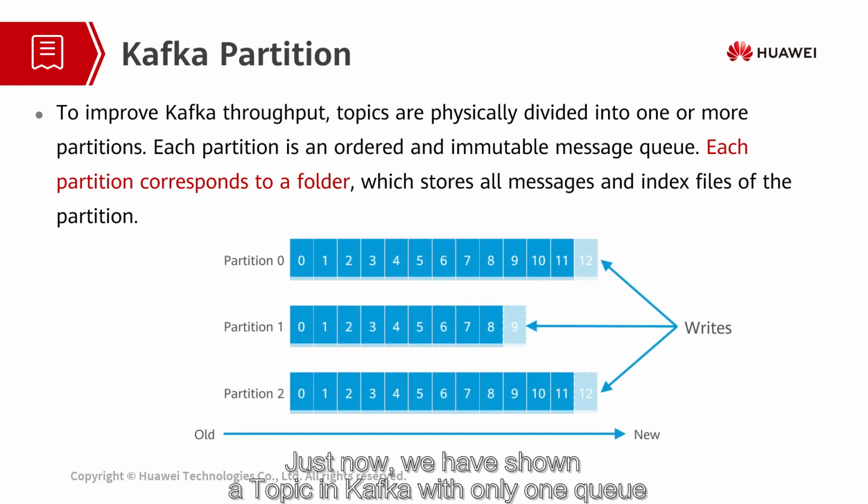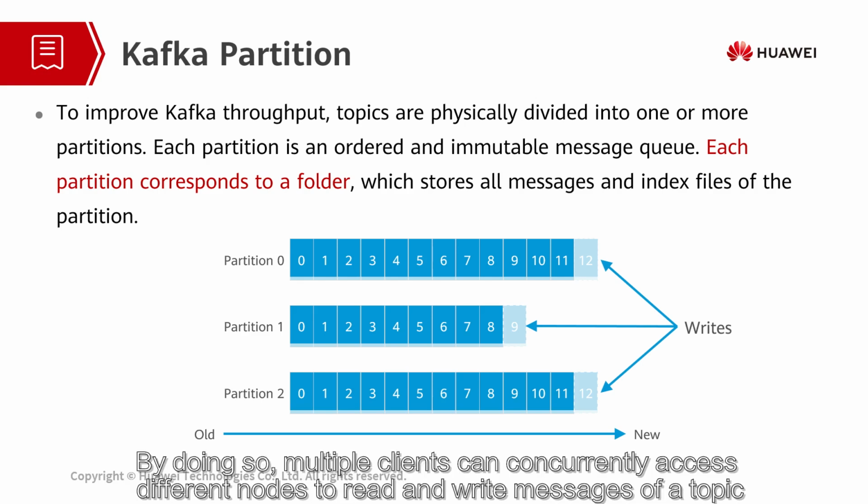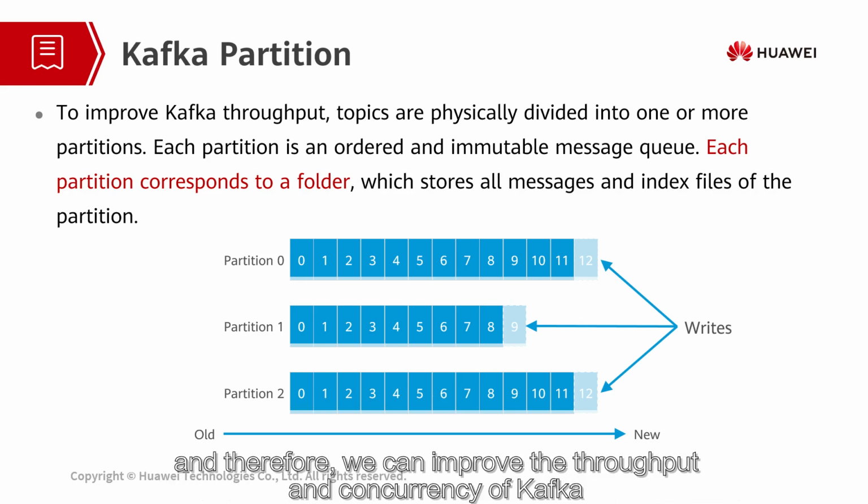Just now, we have shown a topic in Kafka with only one queue, but in most cases, there are many queues in each topic. By doing so, multiple clients can concurrently access different nodes to read and write messages of a topic, and therefore we can improve the throughput and concurrency of Kafka.